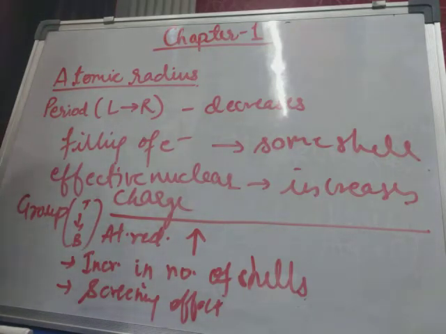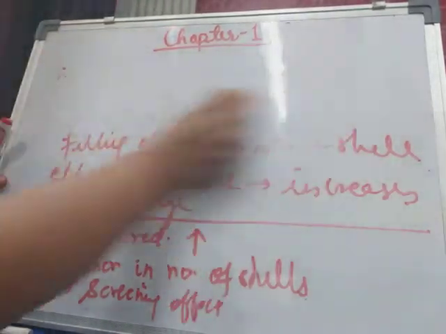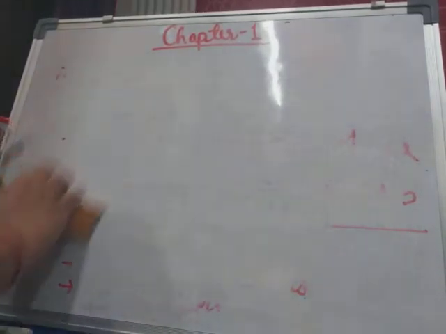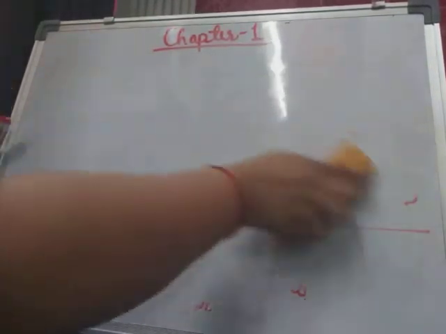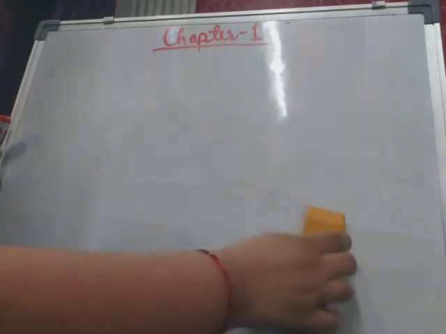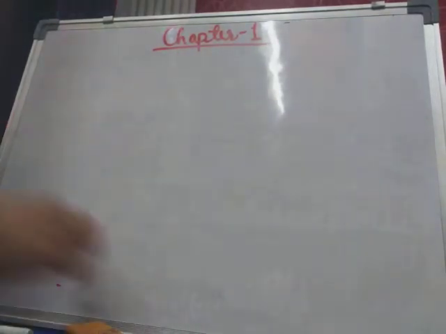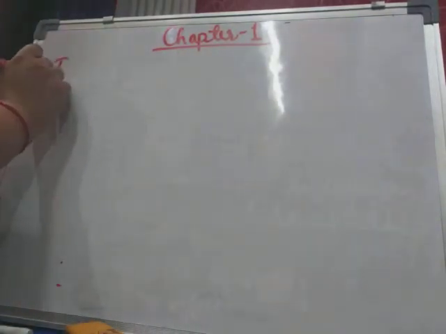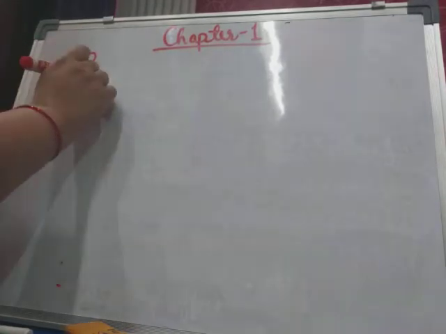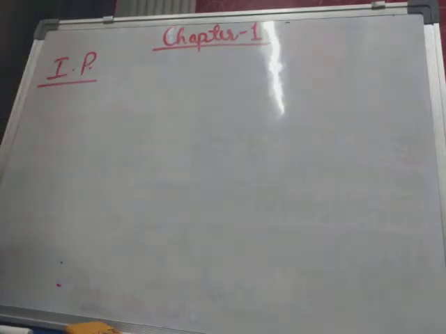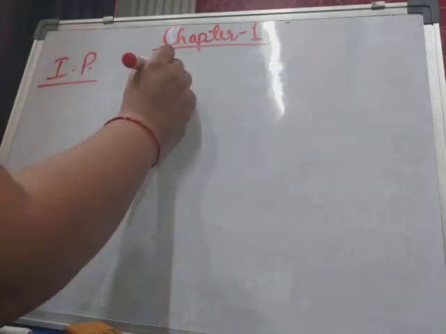Okay, then next we will take ionization potential. Ionization potential, if we are talking about IP, is the amount of energy required to remove an electron from an isolated gaseous atom.